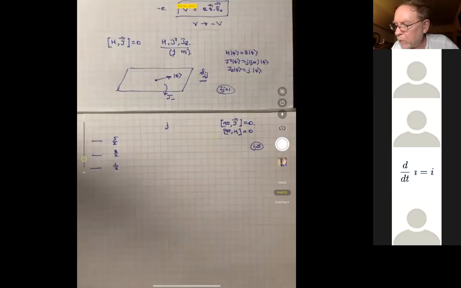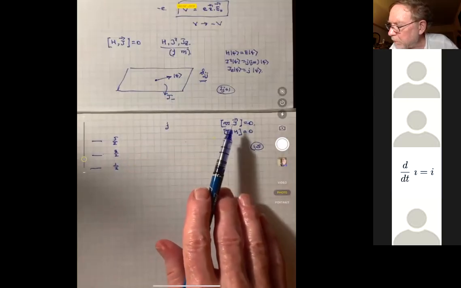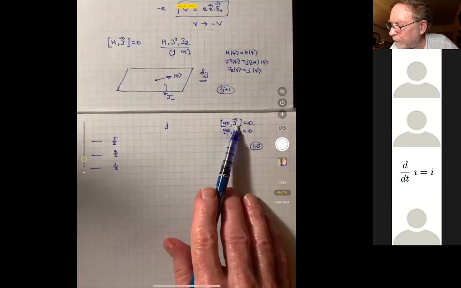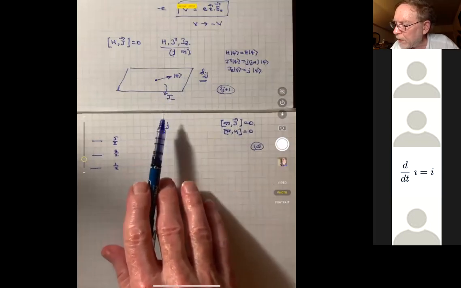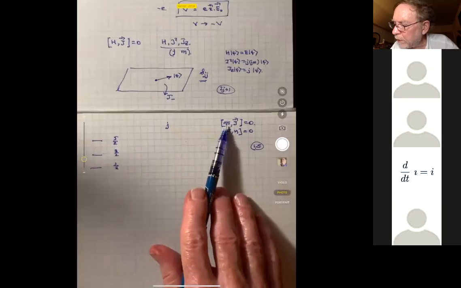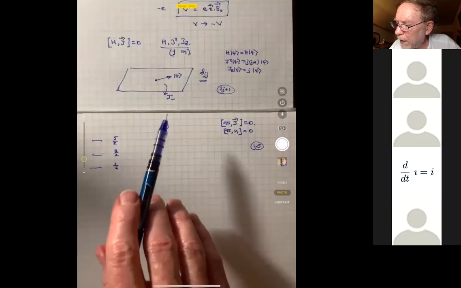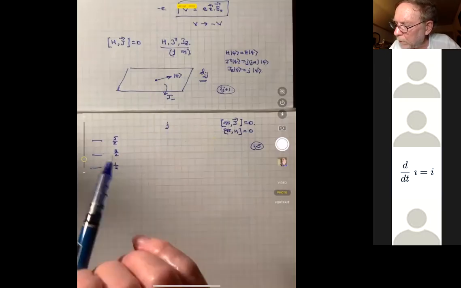Now that in turn means when you apply lowering operators, since pi commutes with J, it commutes with the lowering operators. It means that all these 2j plus 1 states that are generated by applying lowering operators are also eigenstates of parity with the same parity. And so therefore the parity is a property not of the vectors, but rather the entire multiplet.